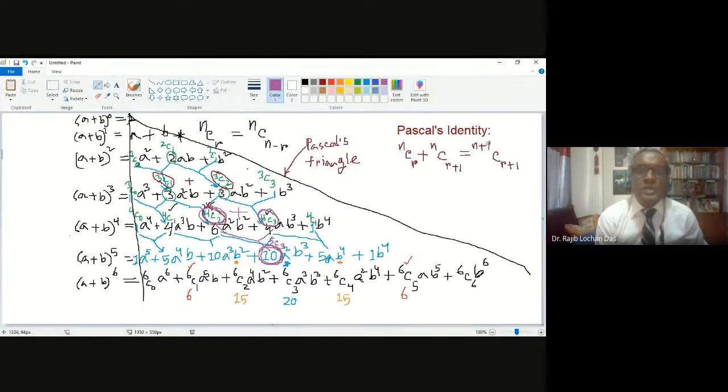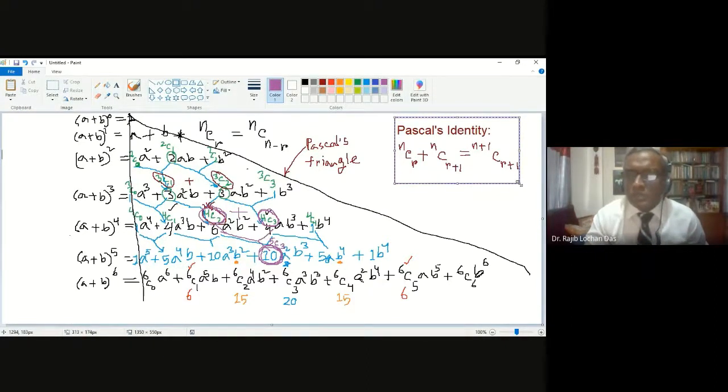Then what will be the next number? That will be 5. 5 means the next step, that is n plus 1, and C and r plus 1. The bigger one will be here. So this is called the Pascal's identity. So it is a formula.